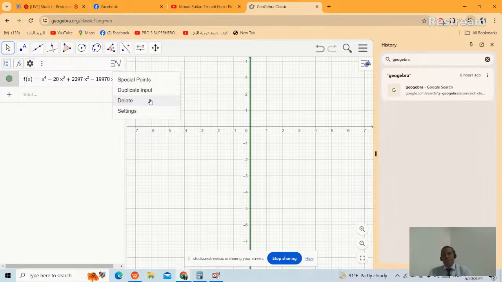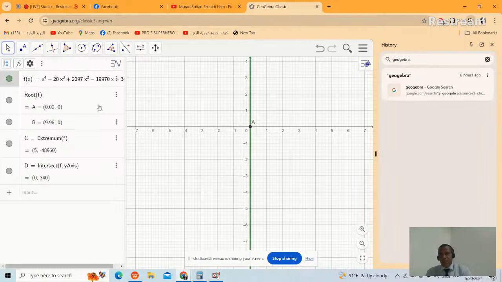It will use the remainder theorem and check all the points. If the remainder is zero, it can reduce the order, the degree, and so on, till it finds the last answer. I'll just make a duplicate special point here. This is about the graph.